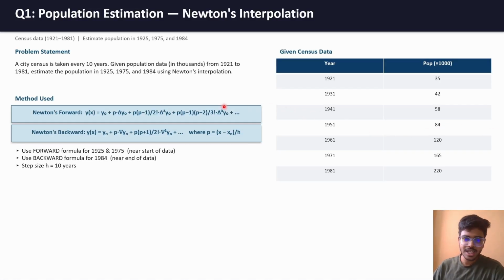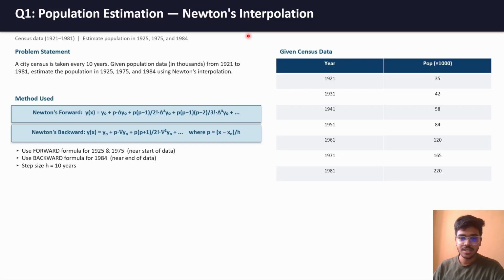Because the census was only taken in 1921, 1931, 1941 and so on, every 10 years exactly. The years 1925, 1975 and 1984 were not directly measured. So we need a mathematical technique that can predict the values between or near the known data points. This is exactly what interpolation does.